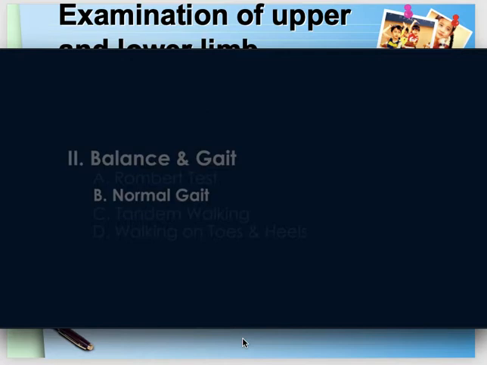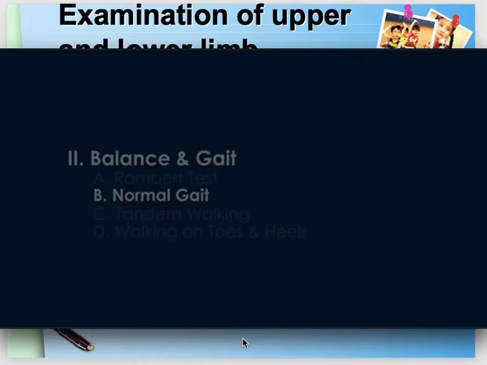When they hit their head somewhere, they may have hemorrhage. So be very careful. Don't let your patient fall. And when you're performing these tests, you must be at the side of the patient, so that the patient should not get injured or fall.